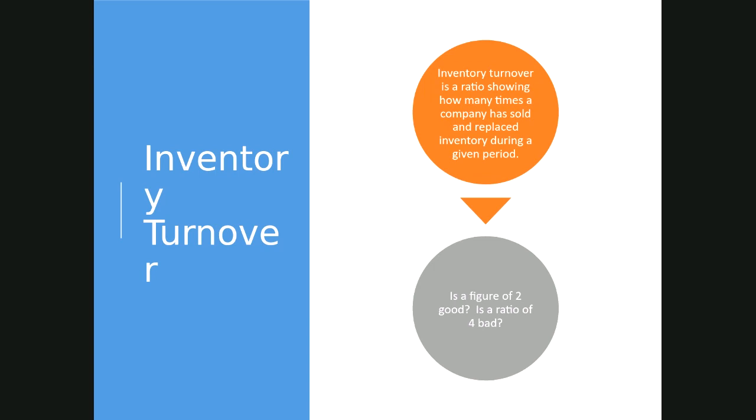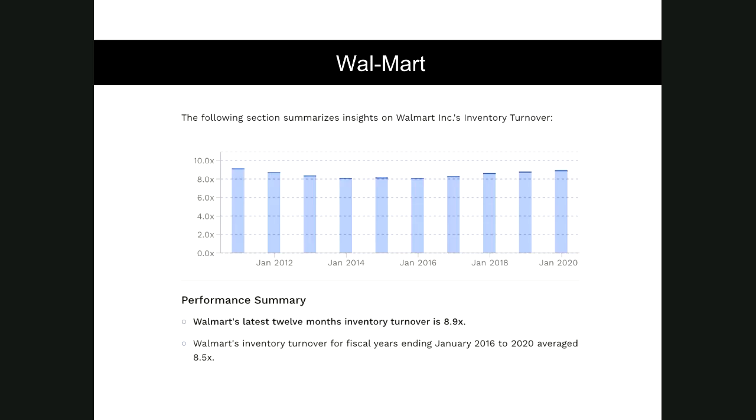Well, in isolation, an inventory turnover ratio number doesn't mean a lot. However, if you put it in the context of Walmart, and if we look at this slide, you can see Walmart is averaging a little over 8 times a year that they turn their inventory.